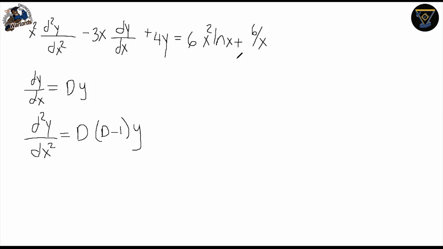Then we need to make substitutions for x. So we're going to say that x is equal to e to the z. And if we ln both sides, ln of x is equal to z.